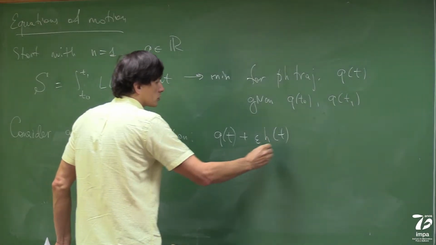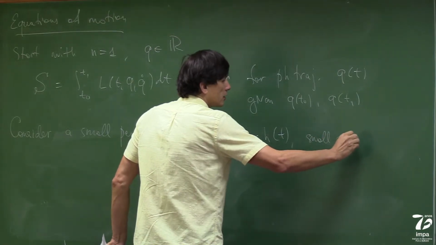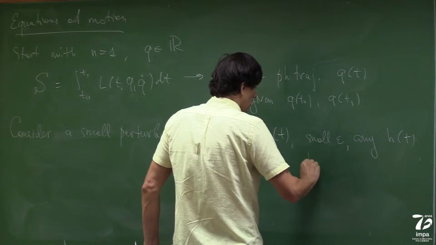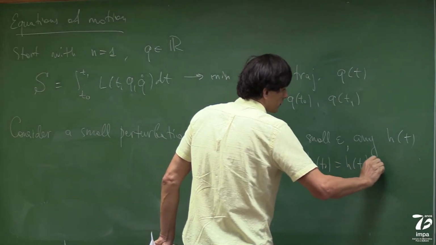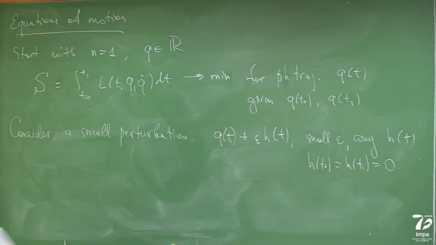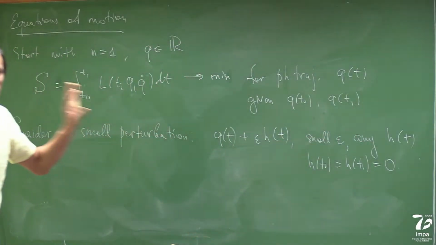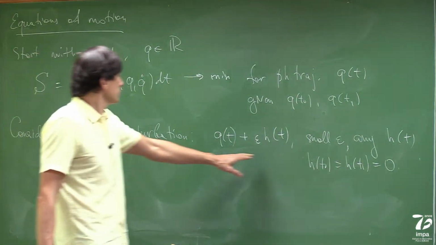So epsilon small, and any function h of t, where h at t0, h t1 is 0. Well, of course, we're dealing here with functions which are well behaved. So it's continuous, smooth, whatever good function. So it's never discontinuous function.